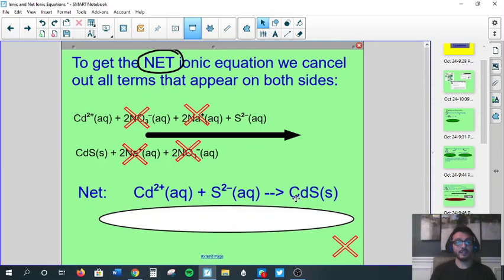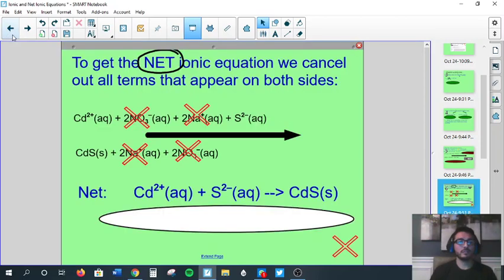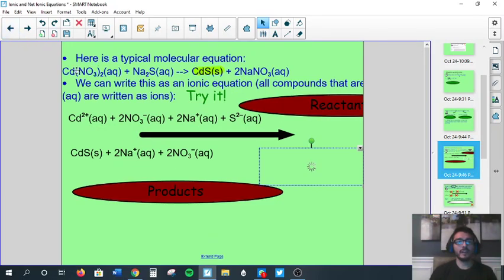Essentially, that's it. If that made sense to you, great. We're just going to practice a bit more. Okay, but let's continue practicing. I have to remind you that materials have to be balanced on both sides. That means before you start, here in this question, this is a fully balanced equation.